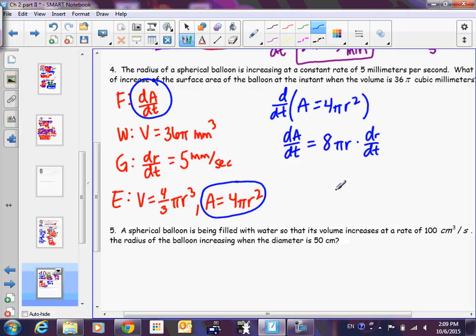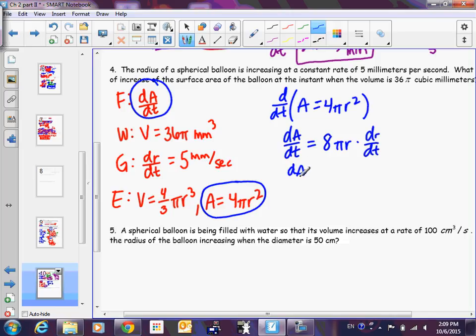You're always going to have a rate on both sides. You're always going to have a derivative on both sides. In a few days, you might have more than 2 of these. There could be multiple ones in the problem. We'll work our way up to that, but you're always going to have at least one on the left and at least one on the right.